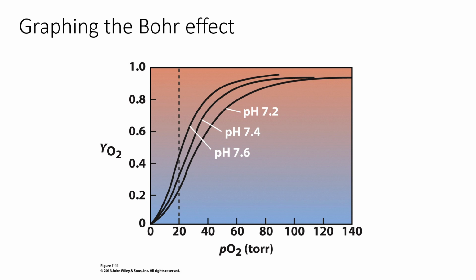And so this will affect exactly where that 50% bound part of the curve lays, and so it will affect whether or not hemoglobin wants to hold on to oxygen or release oxygen. So overall, when you have somewhere with a lower pH, we're going to raise our KD, right, by shifting to the right.